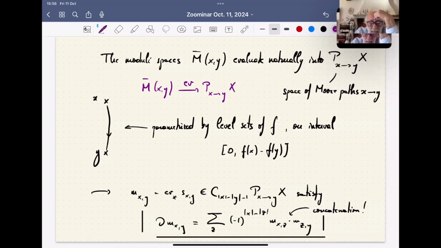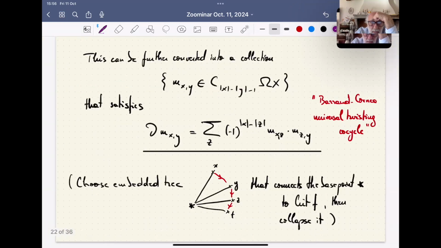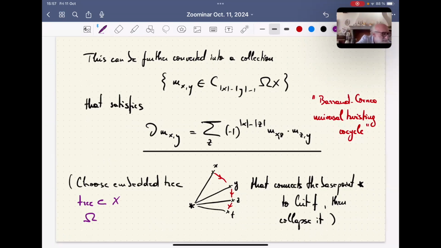Yes, but then you go to omega of X, no? Yes, then I go to omega. And how is that done? Well, by choosing a path from each X, Y, and so on? Yes, there's this tree inside X. Okay, sorry.